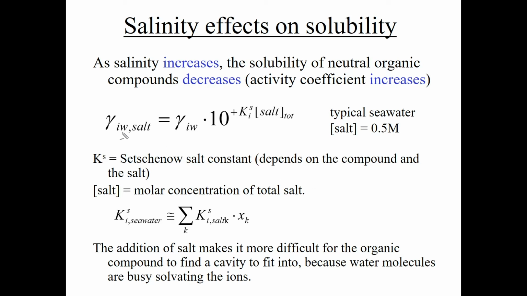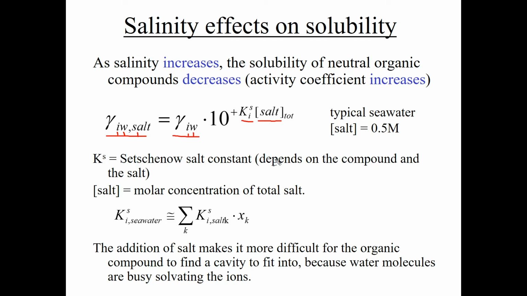So the activity coefficient of your compound i in water in the presence of salt is equal to its activity coefficient of your compound i in regular old water with no salt, times 10 to the Ks, which is this Setschenow constant, times the molar salt concentration.